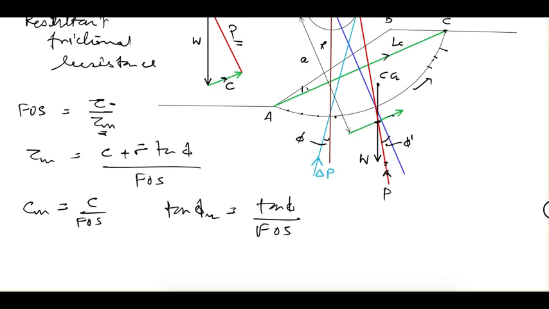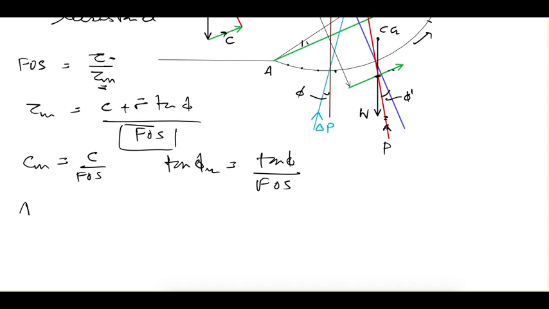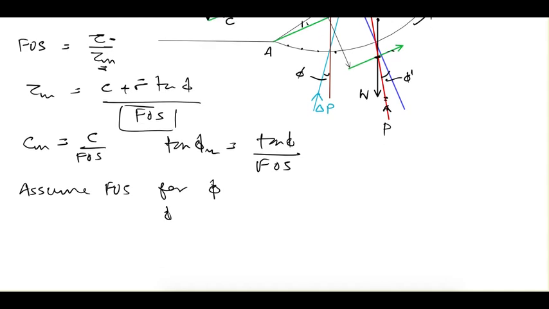Now we are trying to find out this factor of safety in this method. We assume a factor of safety for the internal angle of friction, that is phi, and from there find out phi m. Using this formula, tan phi m is equal to tan phi upon factor of safety, we can find out phi m because we assume the factor of safety and we know the value of phi of the soil.